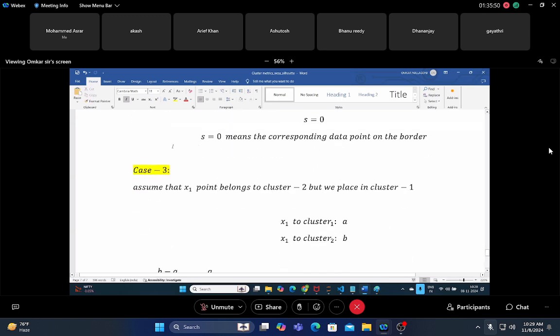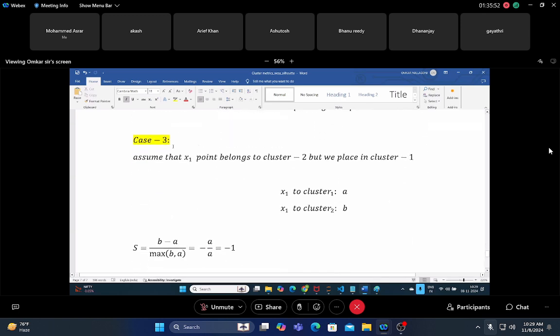K is equal to 3. X1 point belongs to cluster 2, but then we place it in cluster 1.